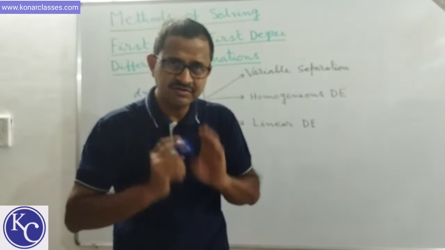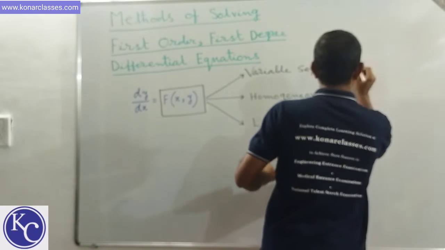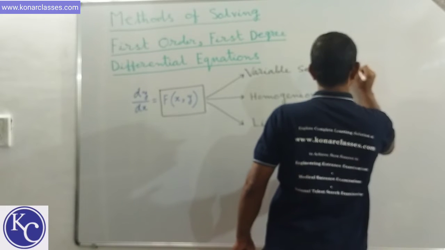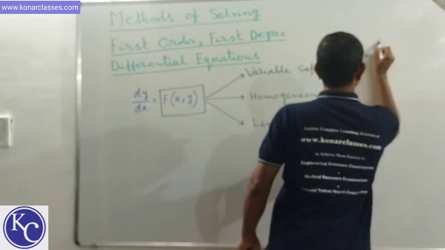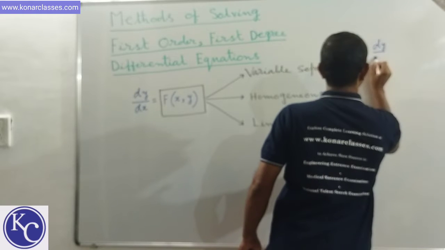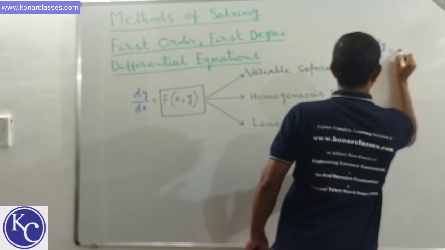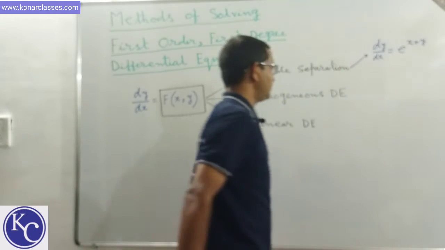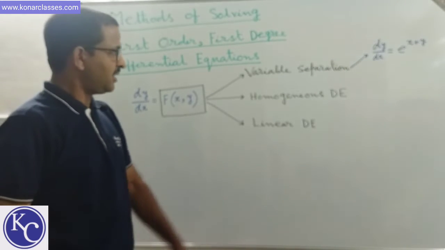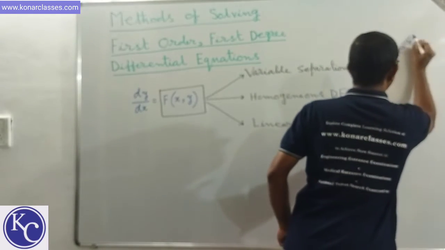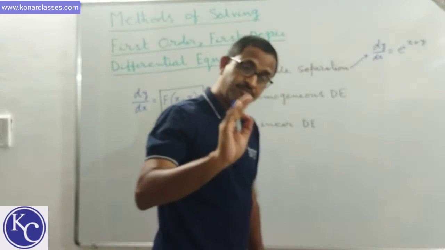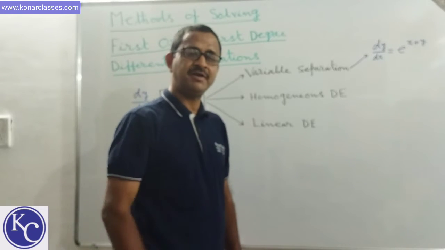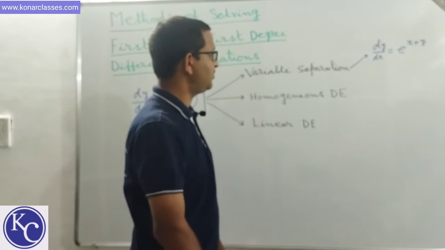Let me give you an example. Suppose you have dy/dx is equal to e power x plus y. This function has both x and y; x is the independent variable and y is dependent on x.